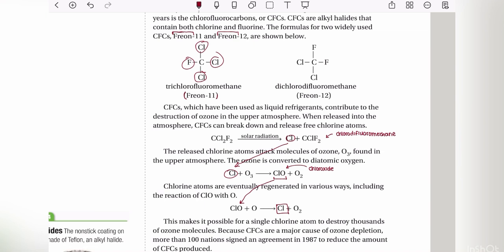And then this single chlorine atom will be able to harm the ozone layer again and again with these two reactions, this reaction over here and this one, constantly contributing to the chlorine atom going back to its original monoatomic state again and again, and harming that ozone layer.